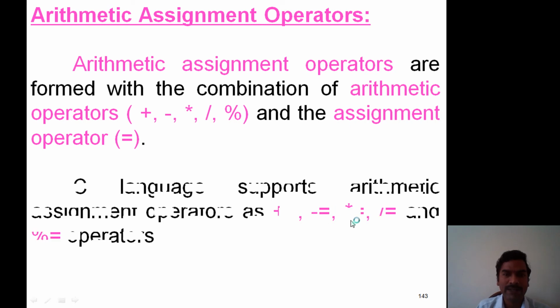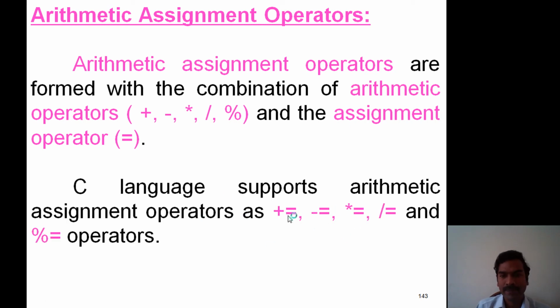Now observe these operators. Arithmetic assignment operators are plus equal, minus equal, asterisk equal, division equal, and modulo equal. These 5 operators are known as arithmetic assignment operators.